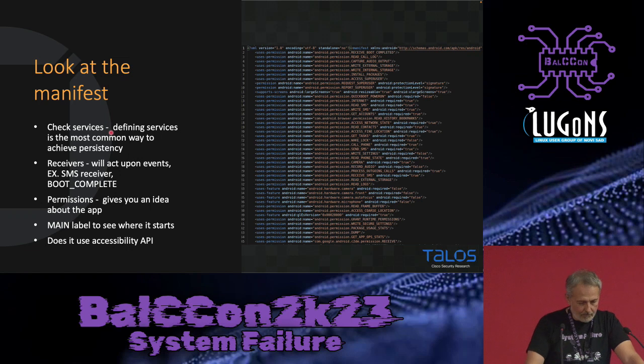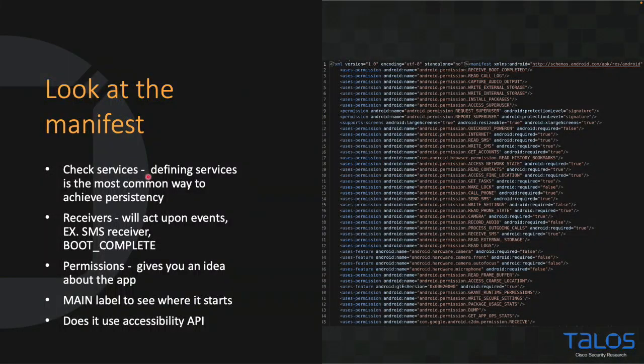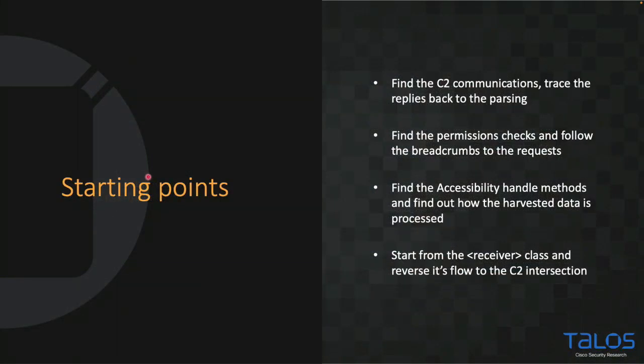So first thing, like I think I already mentioned, we are looking at the manifest, we look at some suspicious permissions, we are looking at the main label to see which activity will start, and whether it uses the accessibility API, and so on. The next thing we want to do with analysis is to look for the command and control functionality.